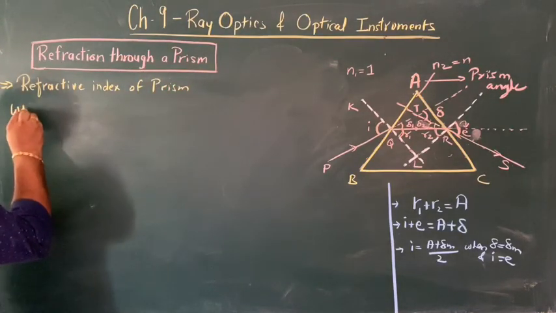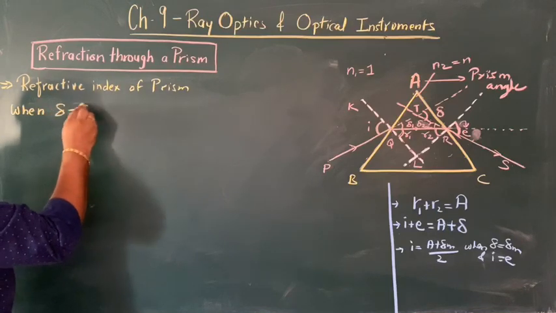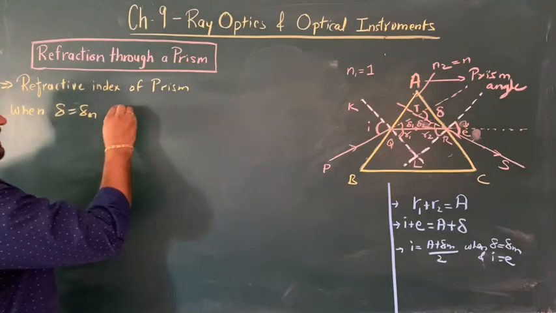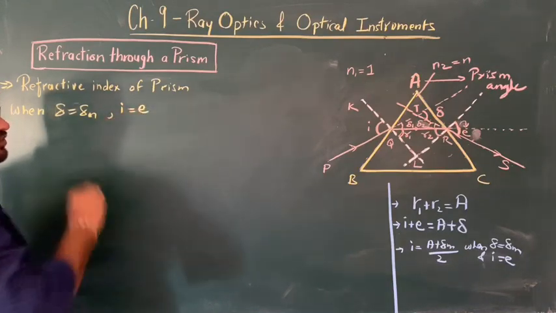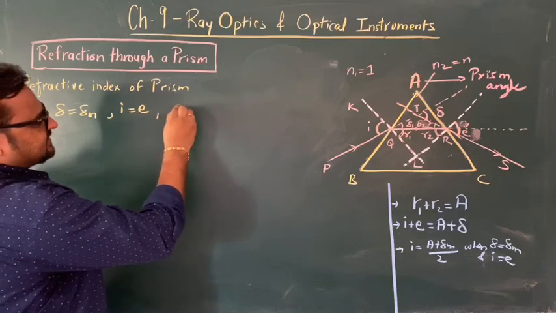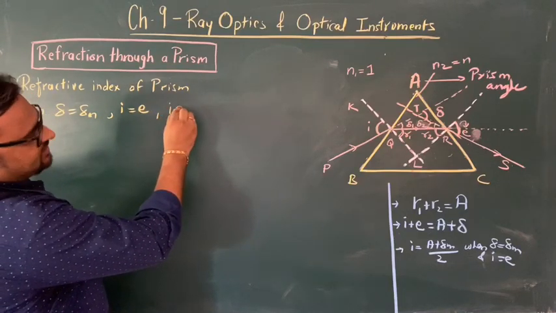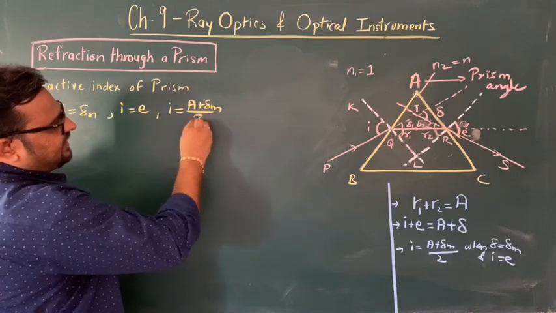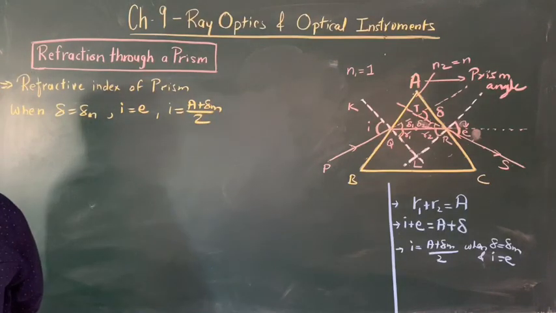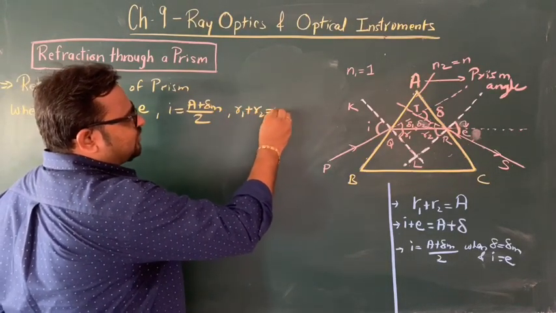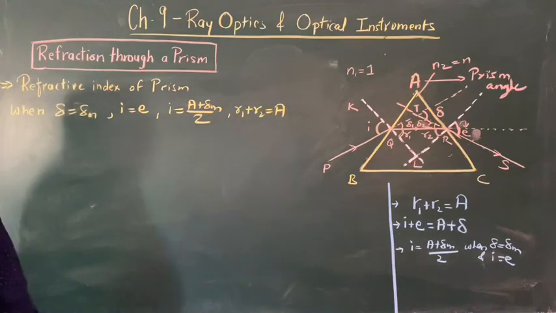When there is minimum deviation, when delta is equal to delta M, the angle of incidence is equal to the angle of emergence, and I is equal to A plus delta M by 2. Clear? And also one more formula, R1 plus R2 is equal to A.